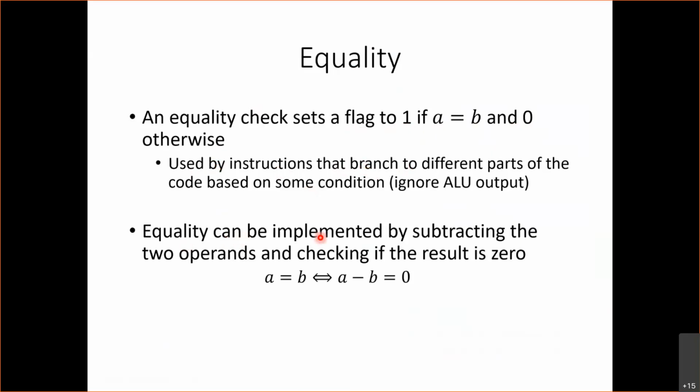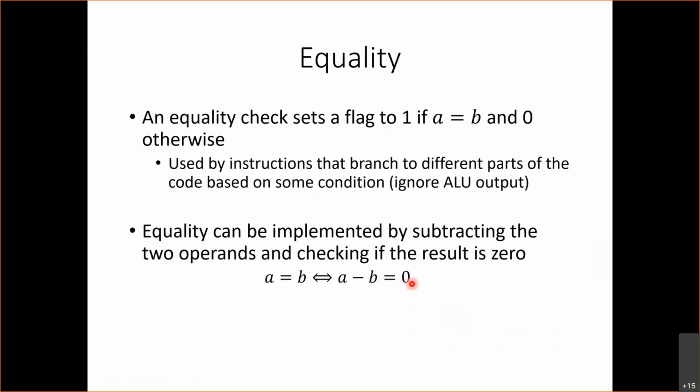We can implement equality again using subtraction. Just like we did comparison less than using subtraction, we can implement equality as well using subtraction, because we know that if A equals B, then A minus B is equal to 0.